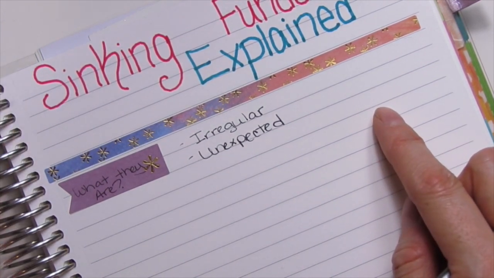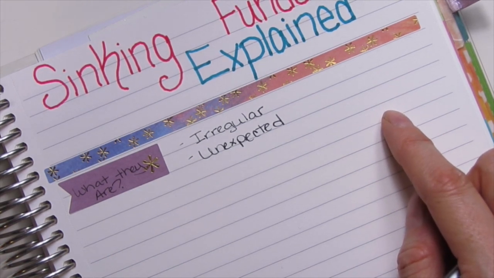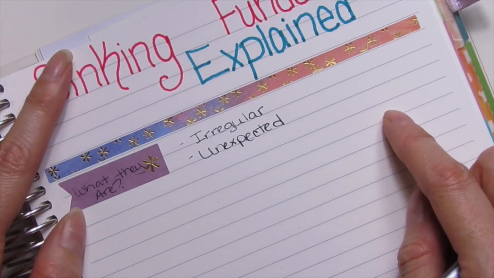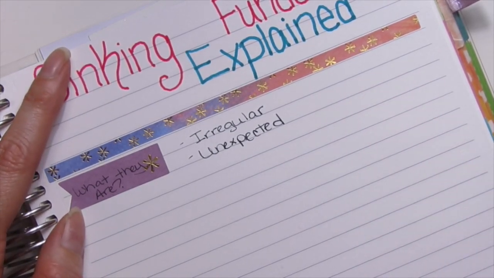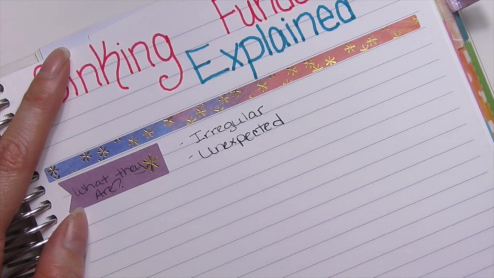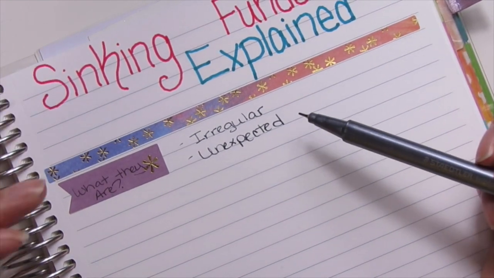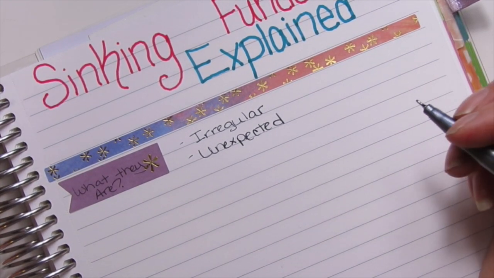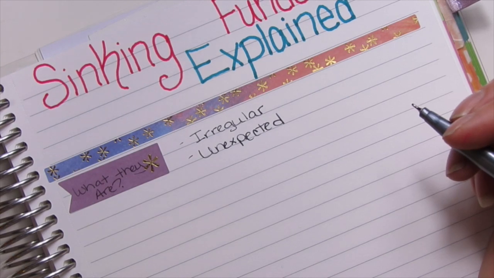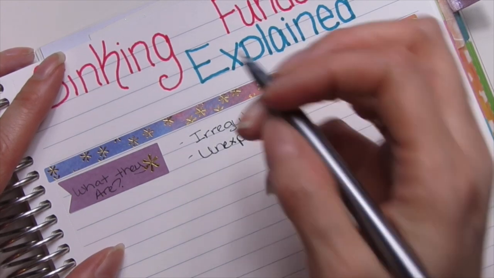If you have a designated sinking fund, you can just pull that money out of there rather than trying to scramble to come up with the money to fix whatever repair it is or to get a new alternator. You already have that money set aside and it's not going to put you further into debt because you weren't prepared. So the sinking funds allow you to be prepared for something, whether it's irregular, unexpected, or the next one would be something that's predictable but infrequent.